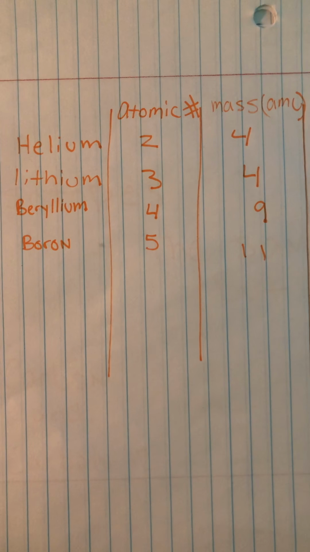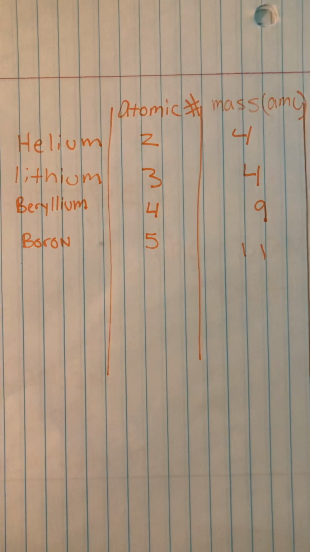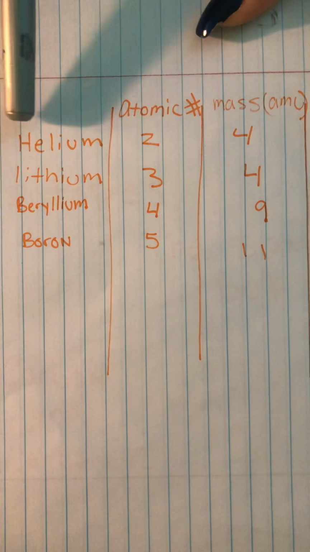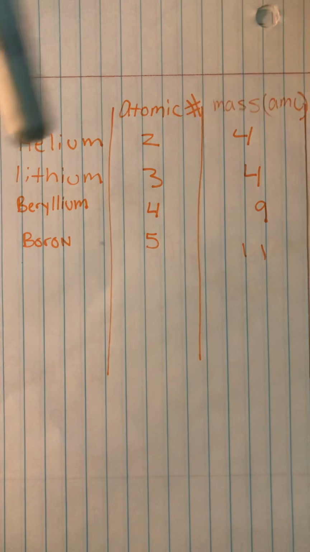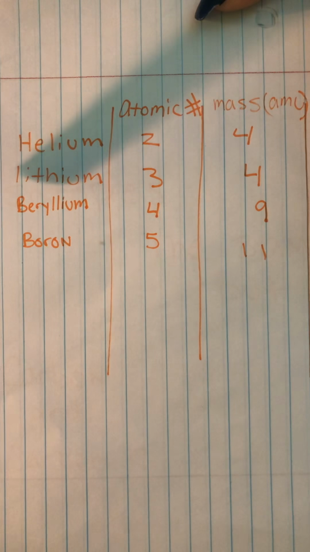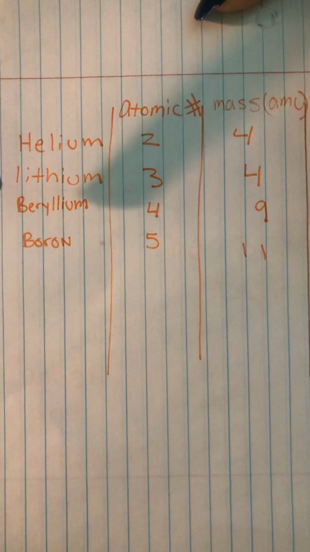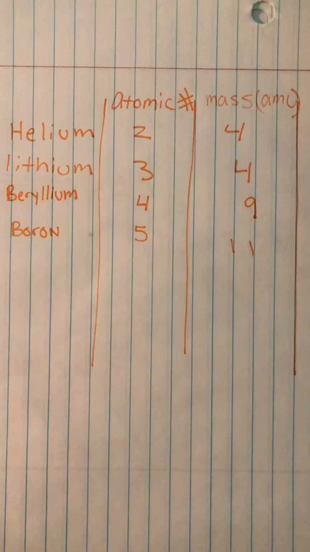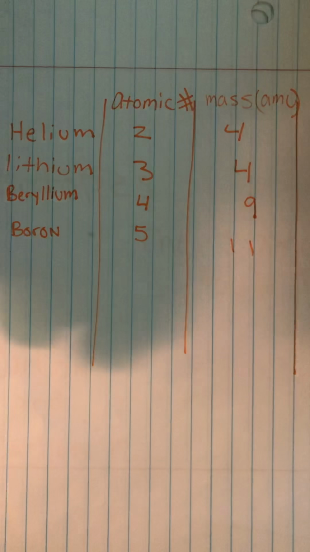So, if the atomic number is the number of protons something has, and electrons don't have weight, then the atomic number should directly correlate to the mass, because protons have a mass of 1 AMU. However, that was not the case. When looking at helium, it was a 2 number difference. In lithium, it was a 1 integer difference, and in beryllium, it was a whopping 5 integer difference. So that doesn't add up.